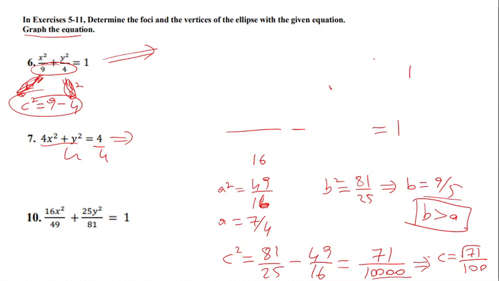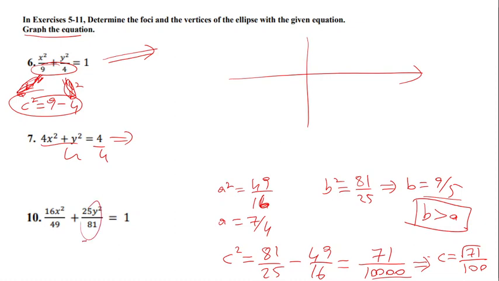Okay, in this case, now we've got A, B, C. We can make the graph of it. For the graph, only A and B are enough, but we want to show the vertices and the foci. Which one is bigger? The value under y is bigger, so it has to be on the y-axis. So 9 over 5 is here, 7 over 4 is here.